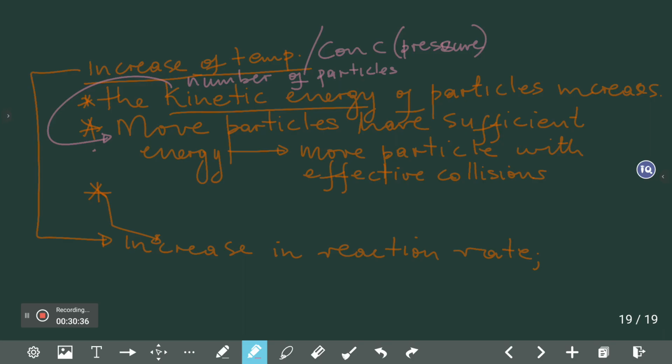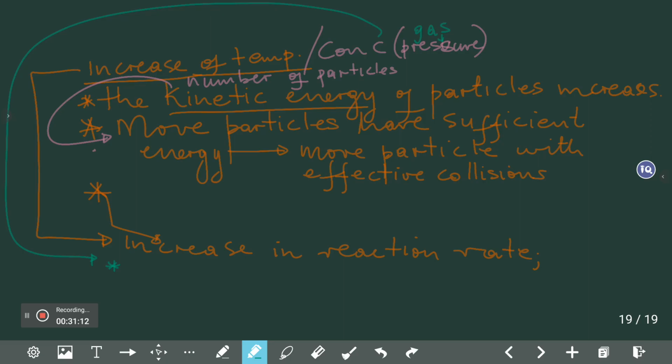The volume of the reaction vessel is going to be reduced. Is that clear? That's how you increase the pressure. Meaning that the particles are coming closer together. Can you see that?